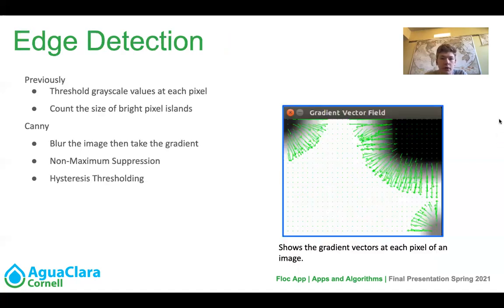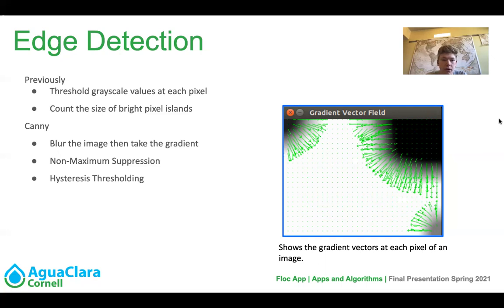So this semester, we've been working a lot on improving the edge detection for the Floc app script. And previously, we have done thresholding for each pixel to see whether it is above or below a certain brightness level. And then we count the size of all the pixels that are above a certain brightness and that are grouped together in an island.